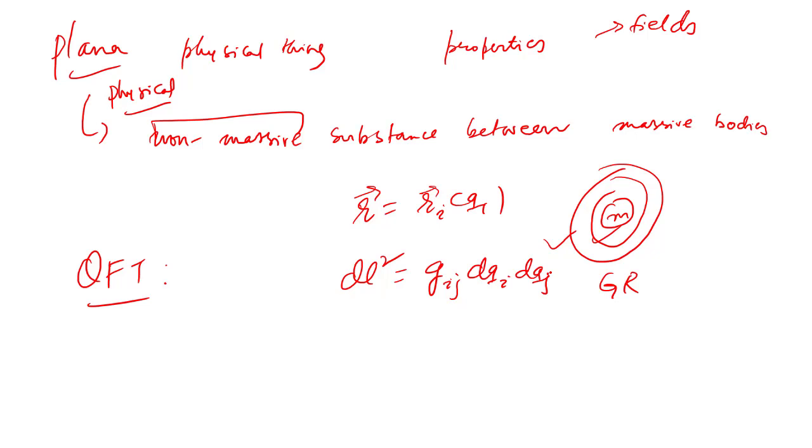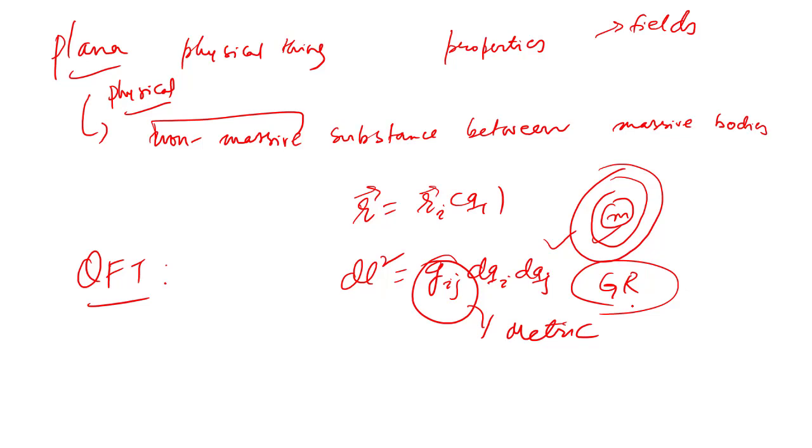So this gij is the metric which is the solution to Einstein's field equations. We will not be going into that, but the important thing to note is that plana is a physical thing, and that plana has properties. So these fields are properties of plana.